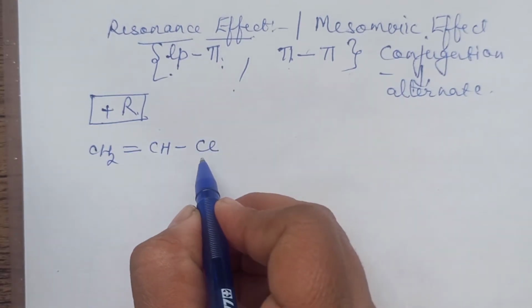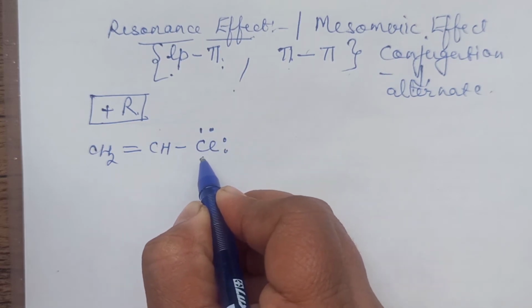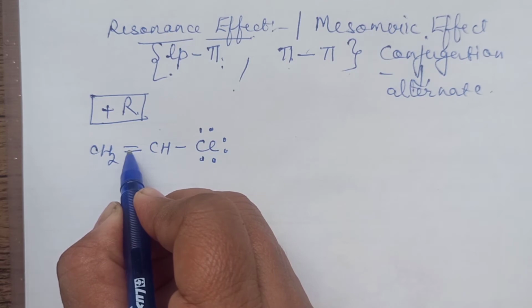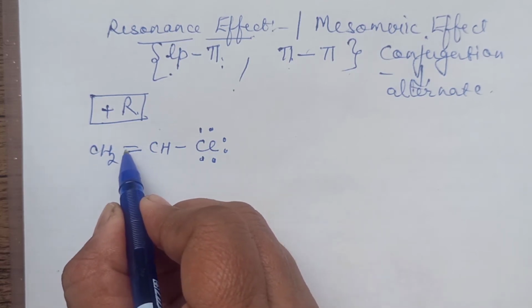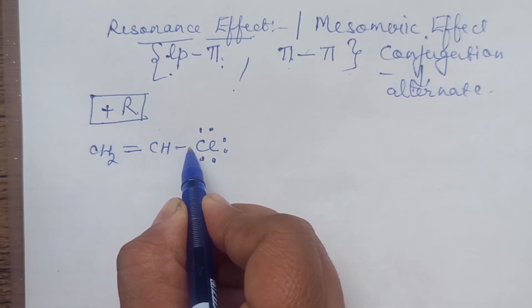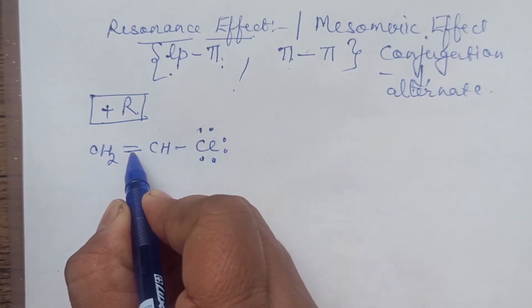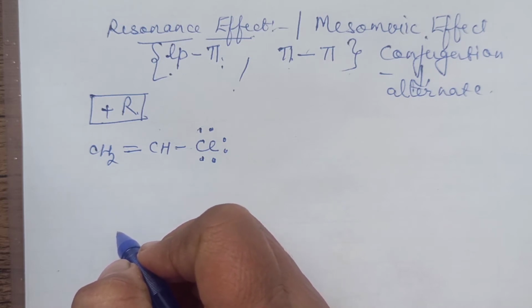On this chlorine there are three lone pairs of electrons. So these lone pairs and this pi bond are in conjugation. Conjugation means alternate: there is a pi bond, then a single bond, and then a lone pair. So this effect will be visible.